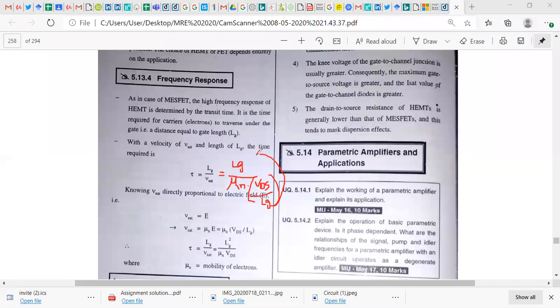This Lg will go to the numerator, so it will become Lg square by mu n VDS. Tau is equal to Lg square by mu n VDS, and mu n is the mobility of electrons.